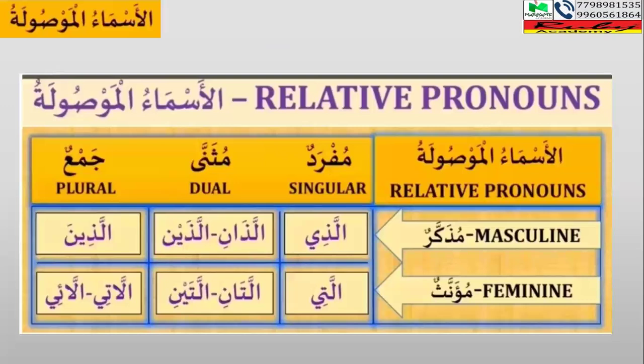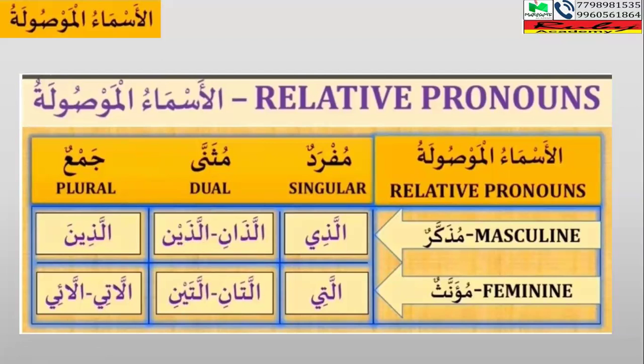The first one is, see here, I always put gender here and number here. For the masculine singular we use allazi. For the dual we use two forms, allazani and allazaini. When we start grammar analysis, I will tell you where we should use allazani and allazaini. For now, just keep in mind that in the dual we use two types.